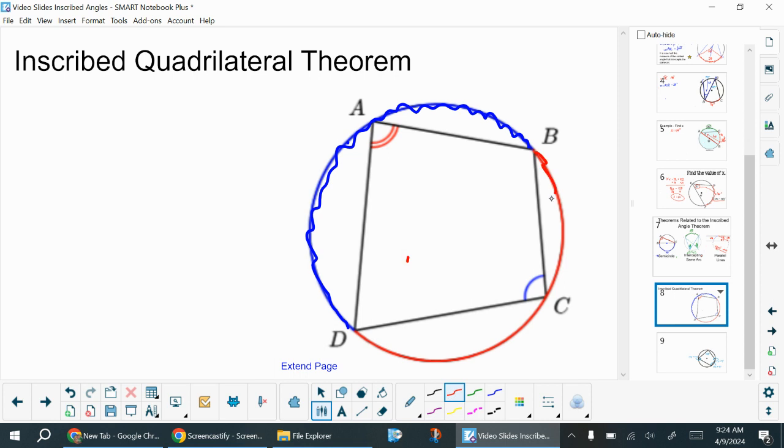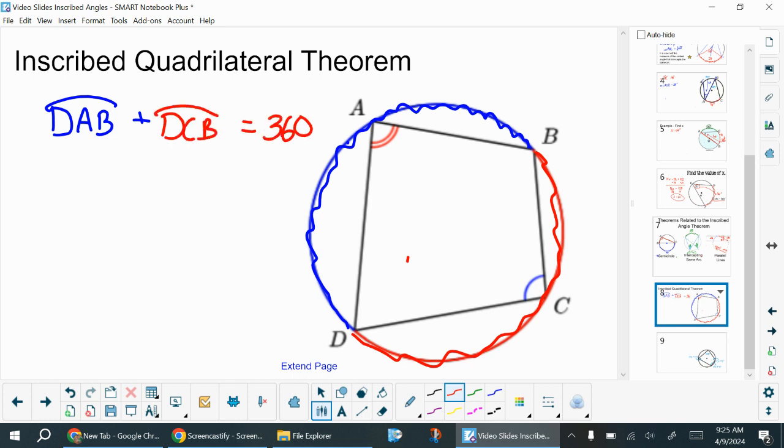If I look at this red arc, whatever that red angle is, angle A is half of that. So the blue arc, which is arc DAB, plus the red arc, which is arc DCB, has to add up to 360 degrees, because that's a full circle. Those two arcs make the full circle.